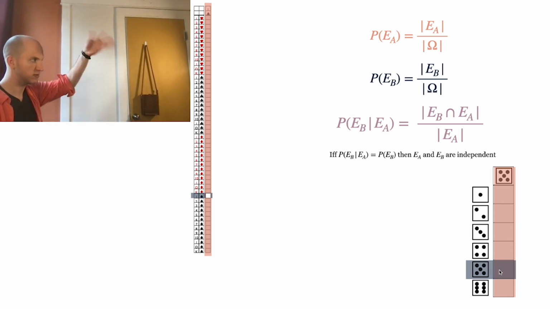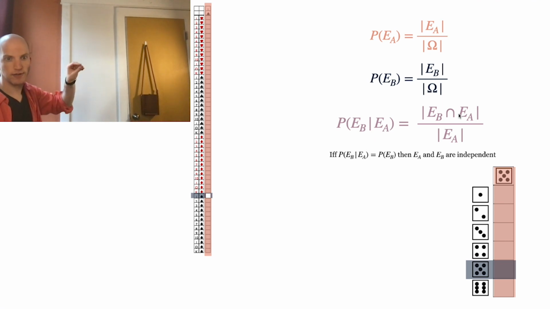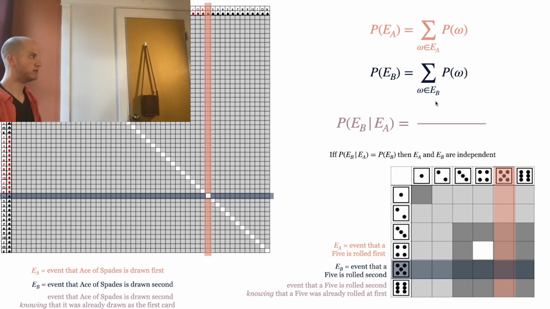So for dice, that was just 1. For cards, it was 0. We're going to add up those squares. And so it just becomes a simple ratio of the intersection of B and A over event A. And that same ratio is going to hold if we're doing unfair dice or unfair cards, where we now have weightings instead of just areas.